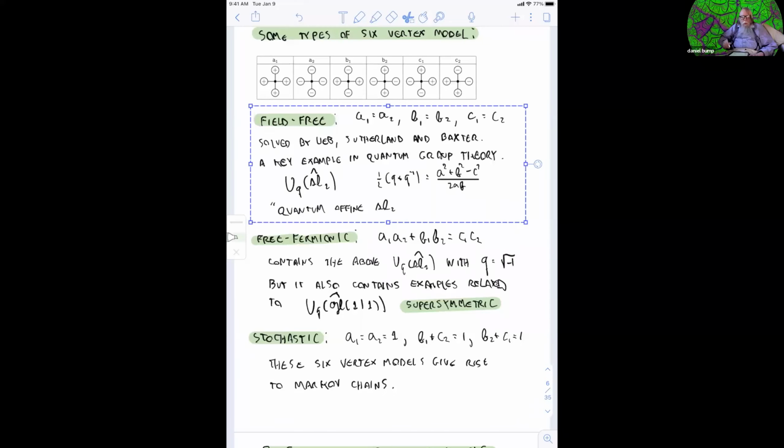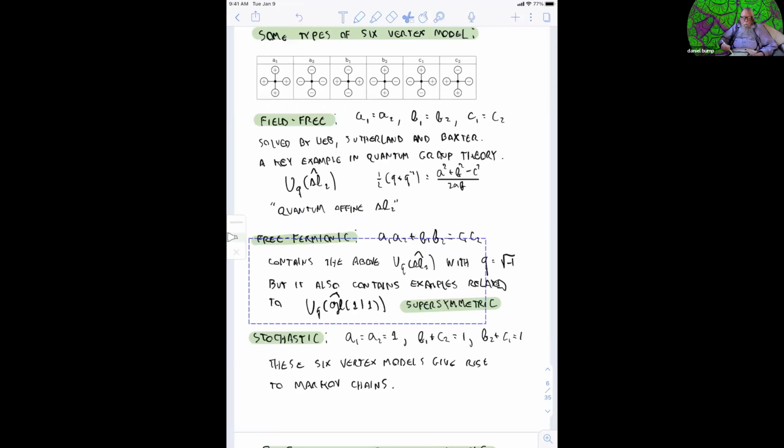The quantum group in this case is the quantized enveloping algebra U_q of SL2 hat. q is a number that you can read off from the Boltzmann weights. This is quantum affine SL2. It's a quantum group. I'll say a little bit more about quantum groups later.